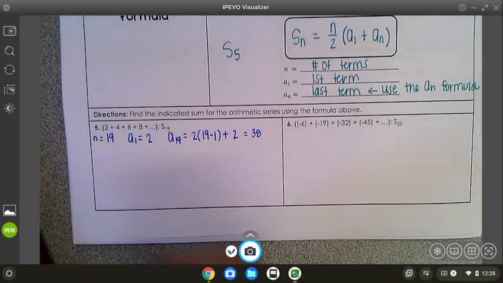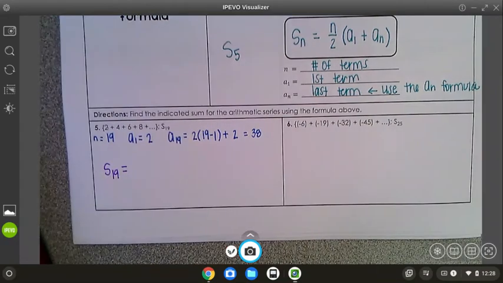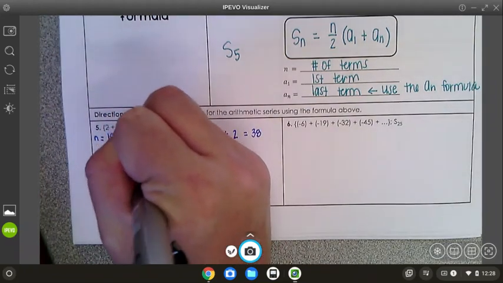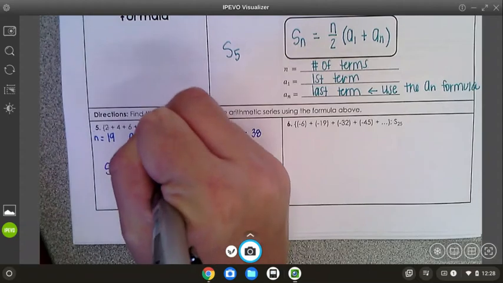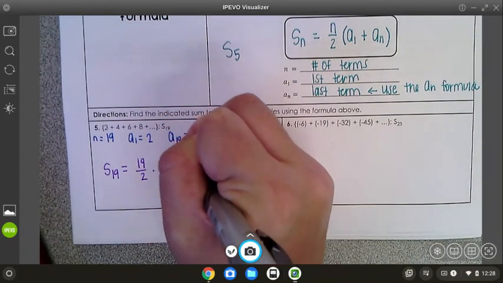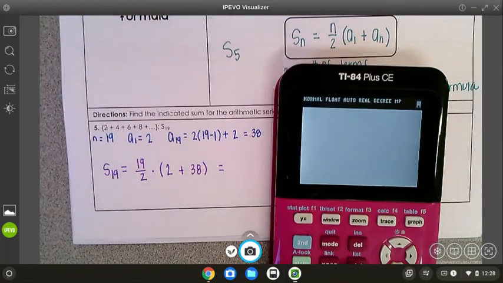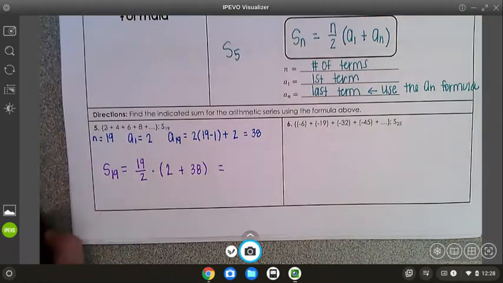And that's all that we need to find the sum of the first 19 terms. So it's n over 2 times A1 plus An. So 19 over 2 times 2 plus 38. And we get 380.